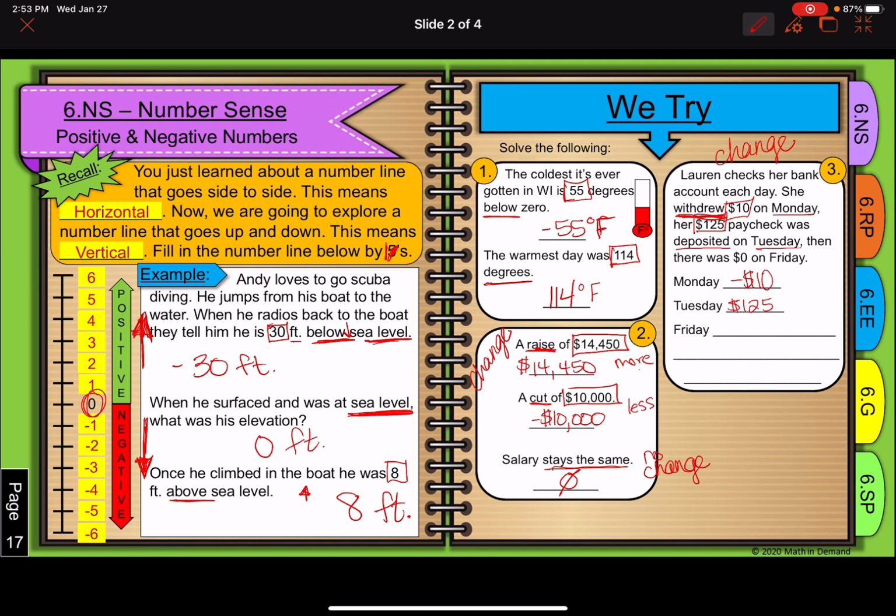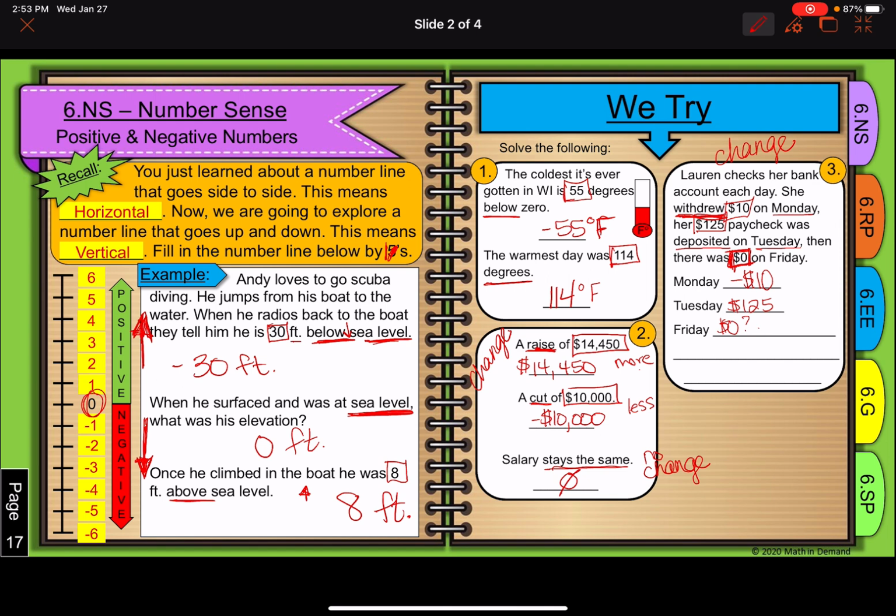And then on Friday, it said 0. Well, does that mean she has nothing in her bank account? Be careful, because on Monday, it wasn't that she had negative $10. It's that she took 10 out. That was how it changed. On Tuesday, she put $125 in. That's how it changed. So the 125 was a change of $125. The negative 10 was a change of negative $10. So what does a change of 0 mean?